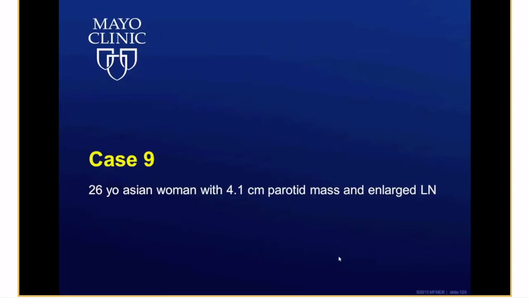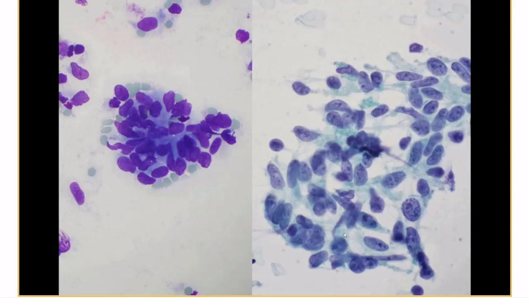This is our final case. This is a 26-year-old Asian woman, and she had a 4.1 cm parotid mass and enlarged neck lymph nodes. And that's all the information I had for this case.